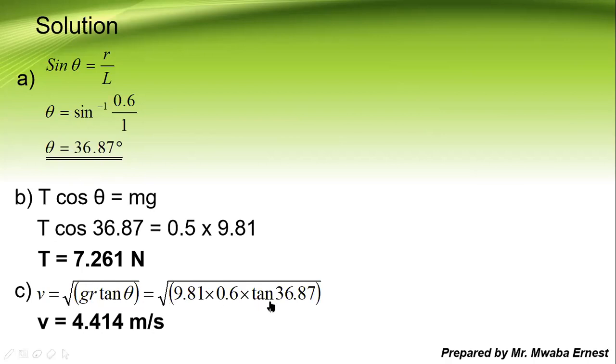Then you have this expression coming out in that way. If you enter this on your calculator, you should be able to find 4.414 meters per second. Again, this is something you can verify and enjoy going through. So that is how you find these expressions.